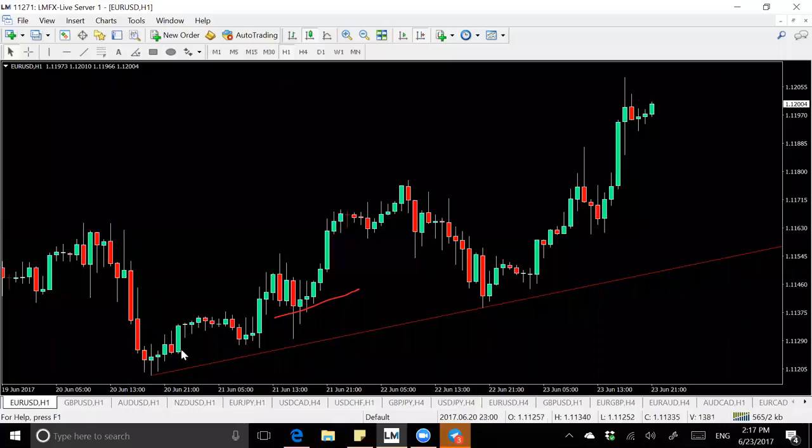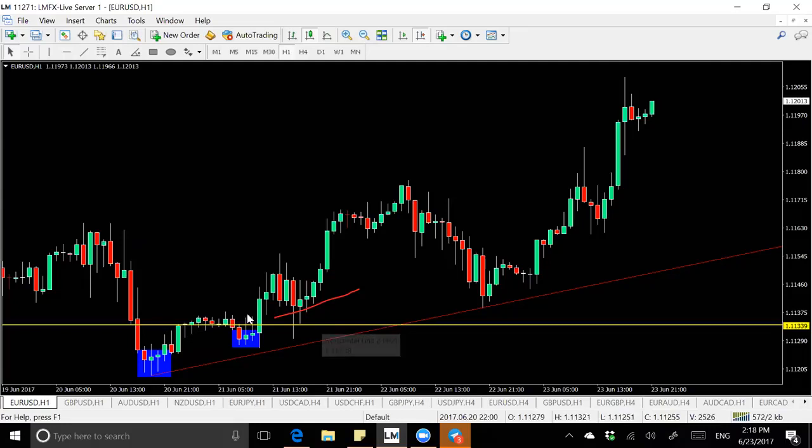It came down, came right back up, has been consolidating here. Tried to break again over here. No lower low, came back down, has been consolidating over there. Then again, price tried to break down, came right back up with this green candle. So let me just draw a line here.